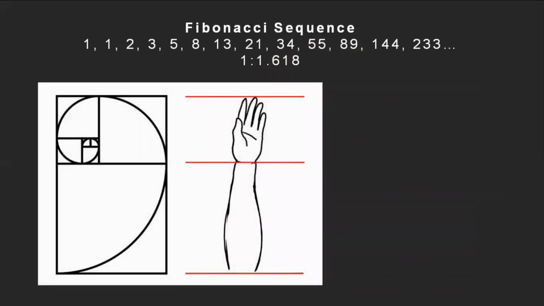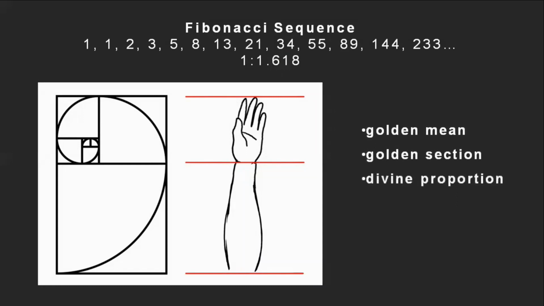It is found, this proportion, in our anatomy and the relationship here, for example, between the length of your forearm and the length of your hand. And it's called many different things, including the golden mean, the golden section, divine proportion, the precious jewel, phi, or we might refer to it as 5 by 8.